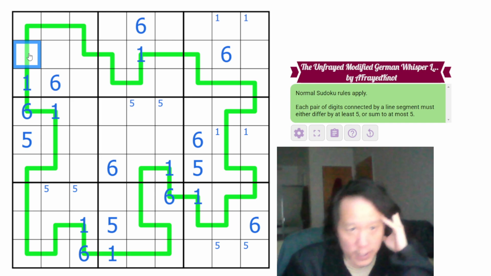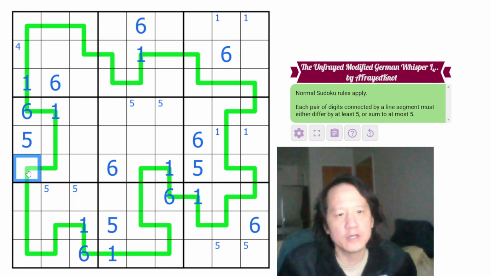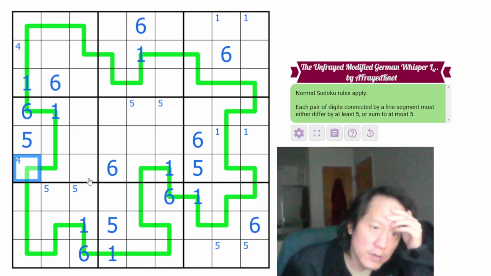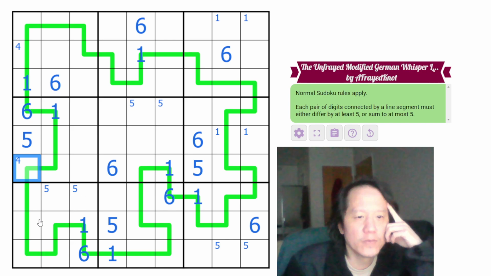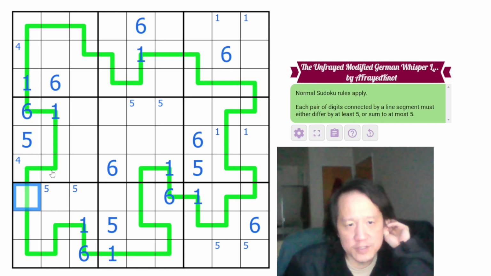4 could be here. 4 cannot be here. So the 4 in column 1 has to be either here or here. Right? And either way, it cannot be here because then it would be next to 9 and 9, and that's not possible. Same here, 9 and 9. So if this is 4, this is 9 and 9.